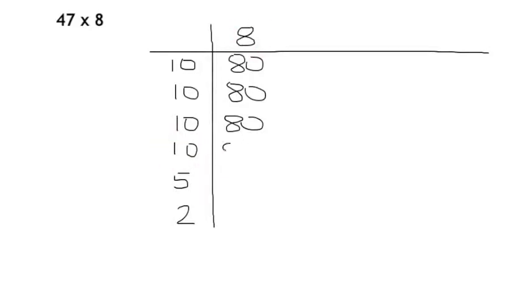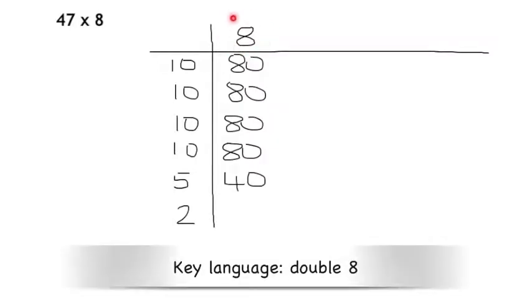And 8 times 10 is 80. Five multiplied by 8 is 40. Eight times 2 is double 8, which equals 16.